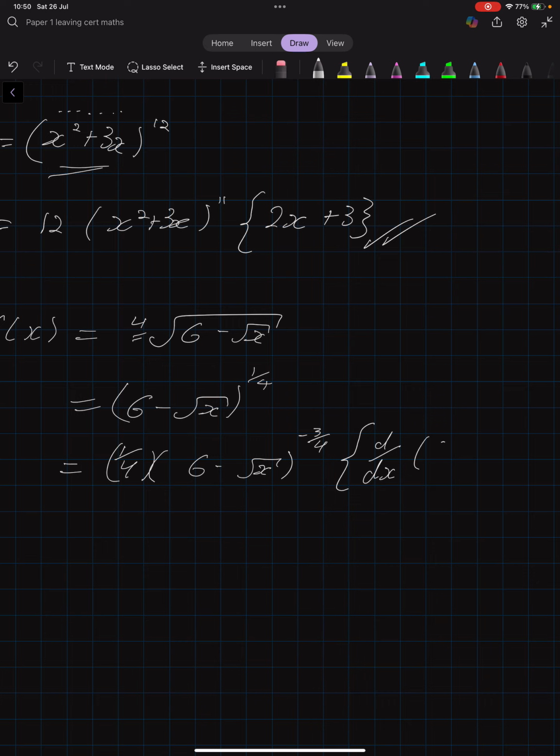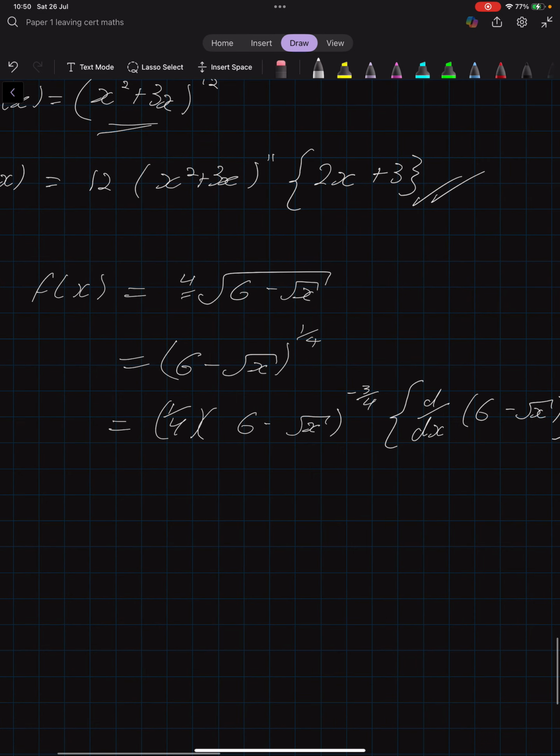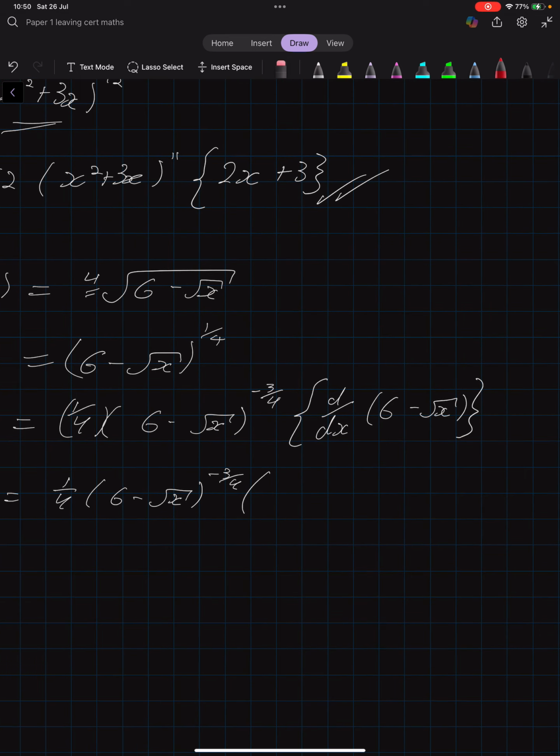What did I pretend was x? I pretended 6 minus root x was x. This is a quarter, 6 minus root x to the power of minus 3 over 4, multiplied by the derivative. If I take the derivative of 6, I get 0. Remember, root x is x to the power of a half.